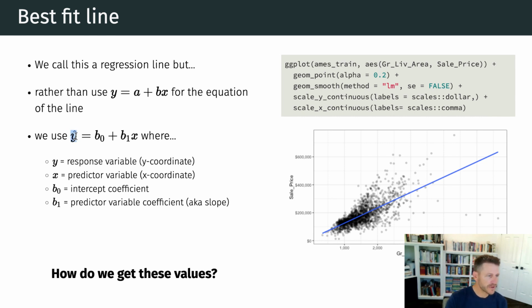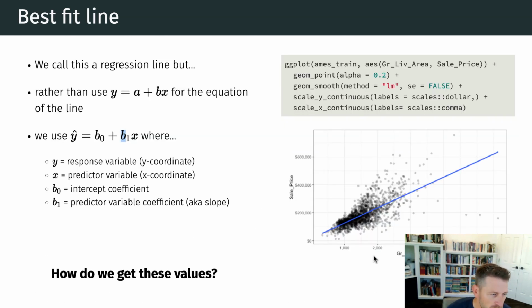The reason we put this little hat on y is because it represents an estimated value, which is this blue line. Beta naught here is our intercept, right? Just like we had a in the previous equation, we now use beta naught. And beta 1 is a coefficient that represents the slope. At what rate do we see an increase in this line?